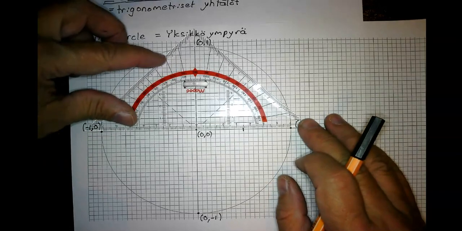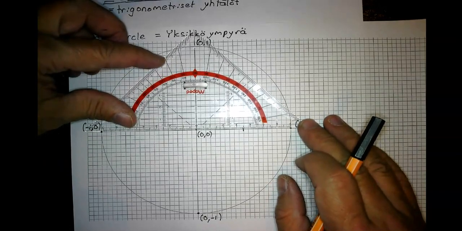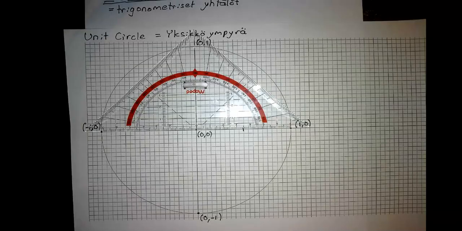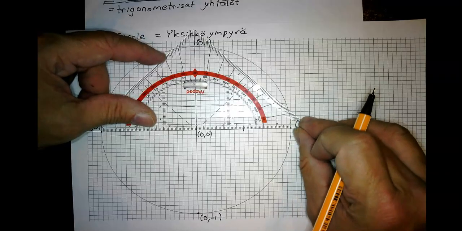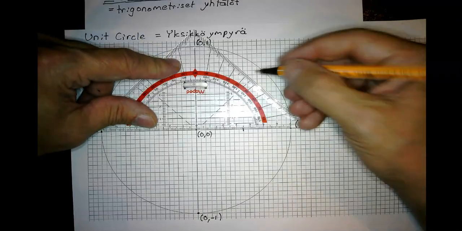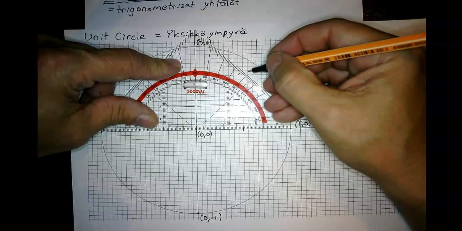Well, I will draw some angle here. I will choose angle 40, not 45. It is too simple, but I will take 50 degrees. So I have this measurement equipment here, and I will draw an angle of 50 degrees.